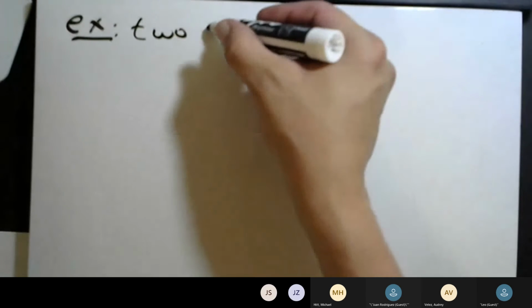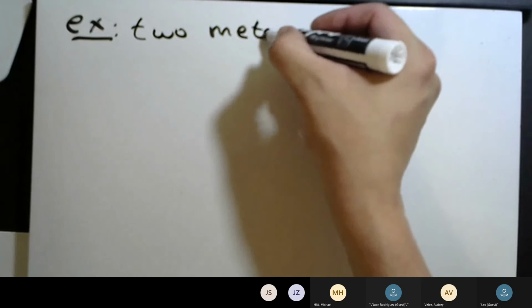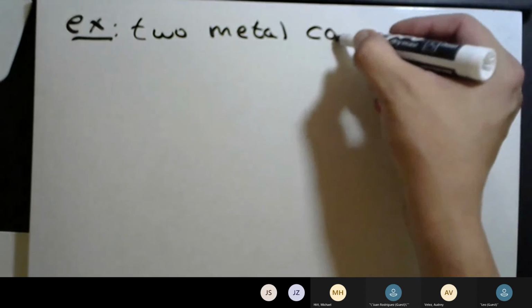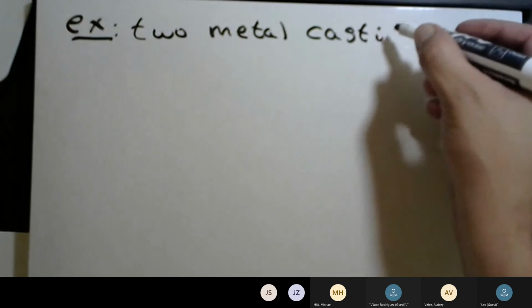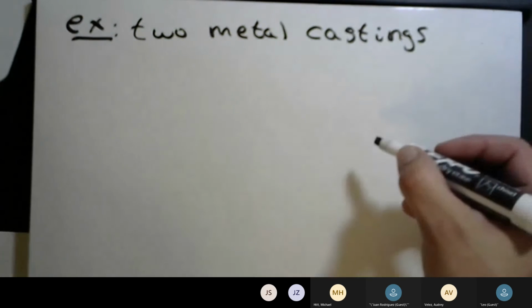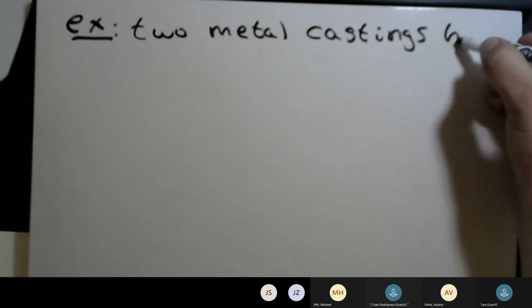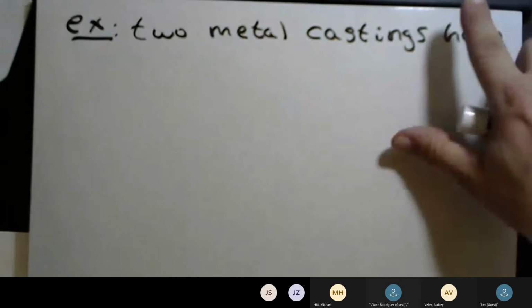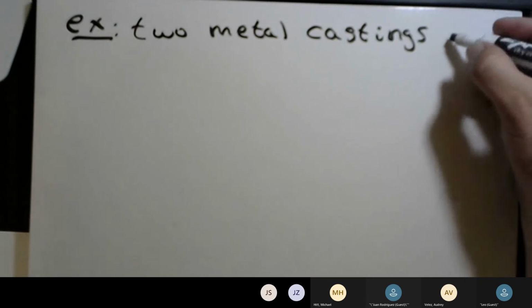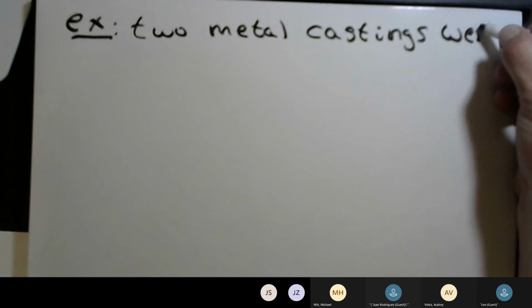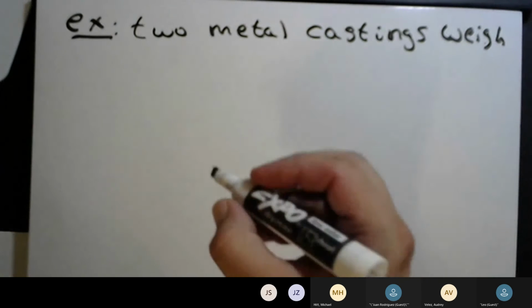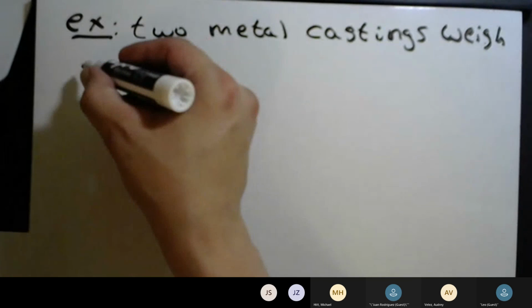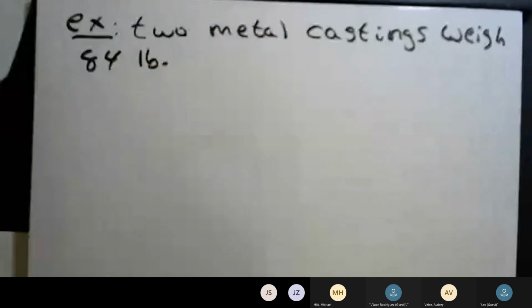Two metal castings have, or weigh, 84 pounds.